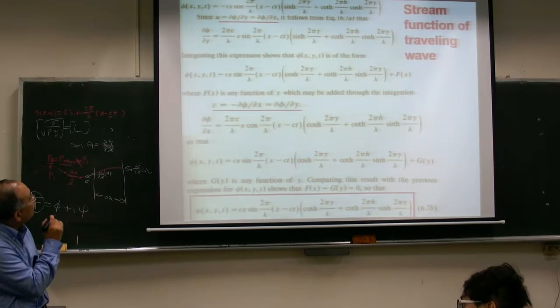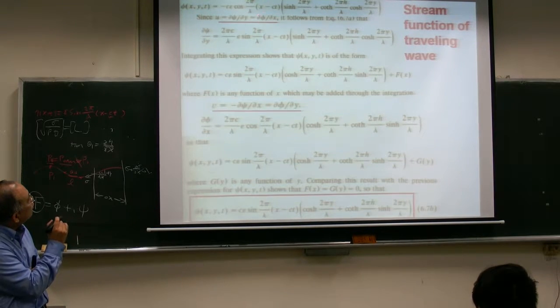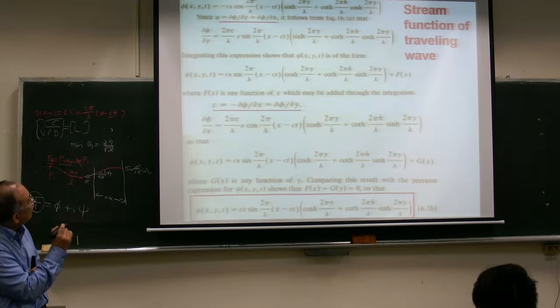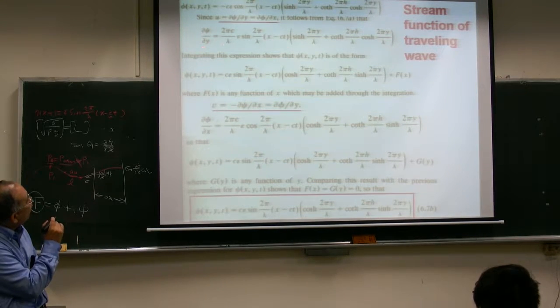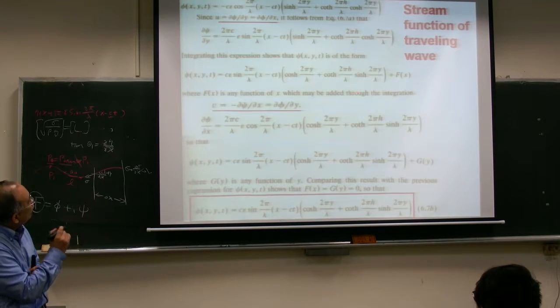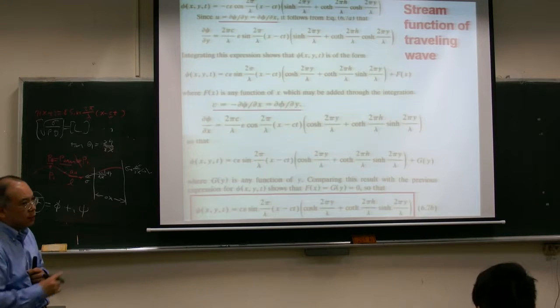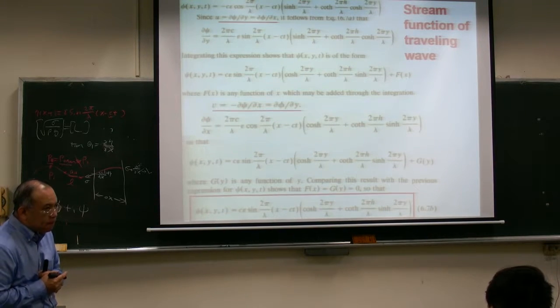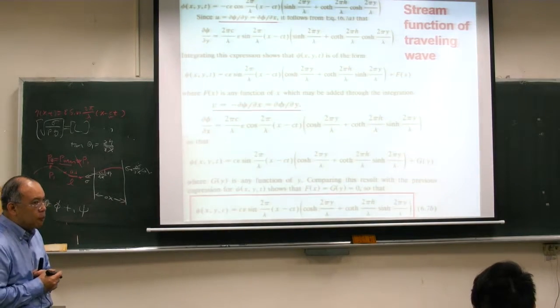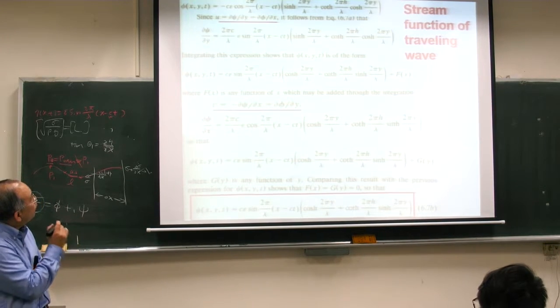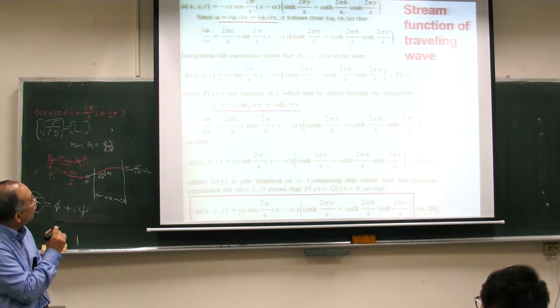So I can find psi by taking the derivative with respect to x and integrating with respect to y. When you integrate, there is an integration constant. This constant is not a function of y, so it is a function of x only. You just do the integration for this function, and this integration will give you this.